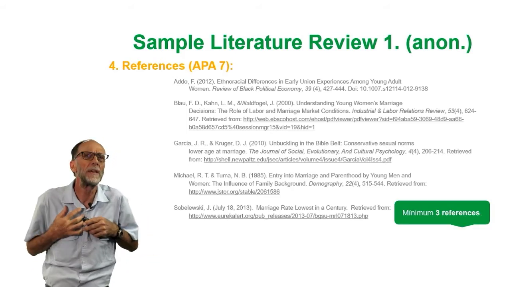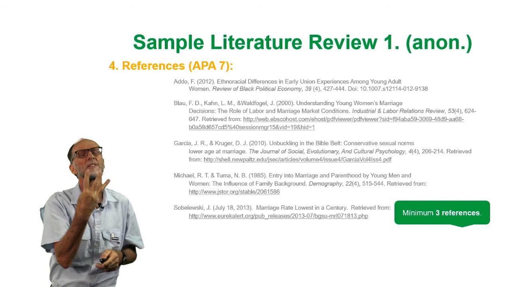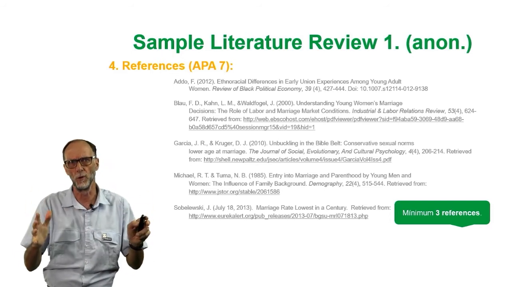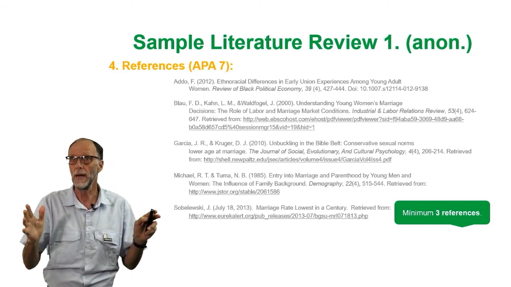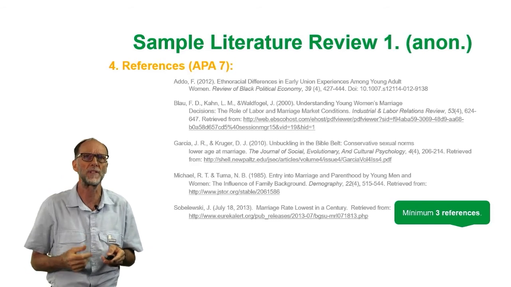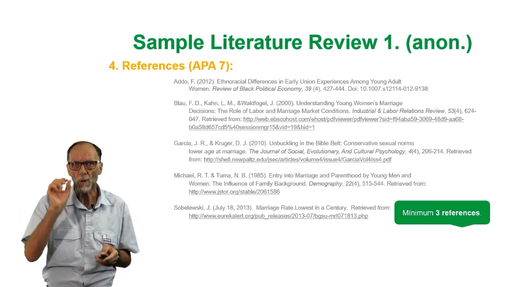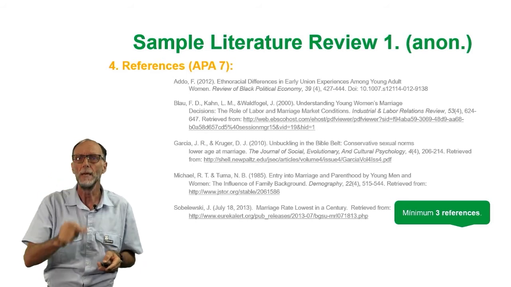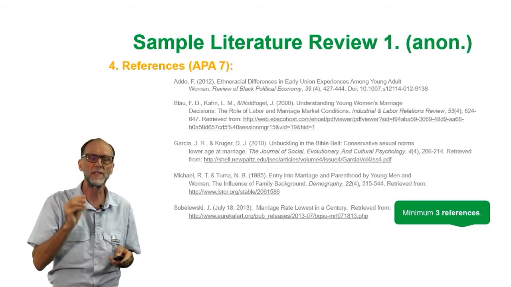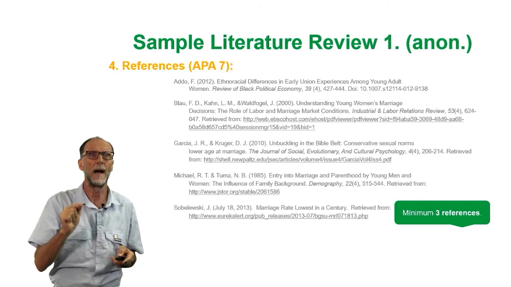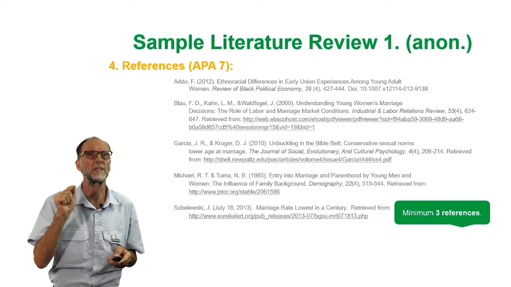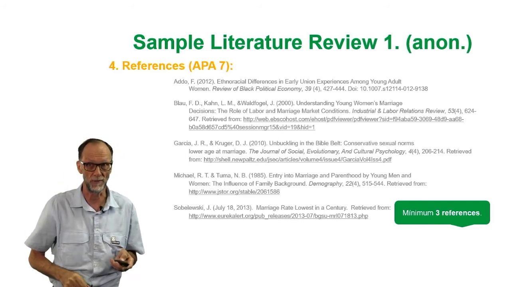Well, I'm only going to ask you for 3. Since this is a short review, not a long one, I'll just ask you for 3 references. Here we got about 5 or 6 in this example. Make sure, and I repeat, you follow the APA 7 guidelines for your references. Otherwise, Mr. Stuffkins is going to take points off you.